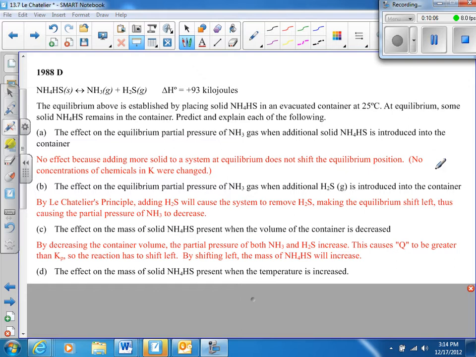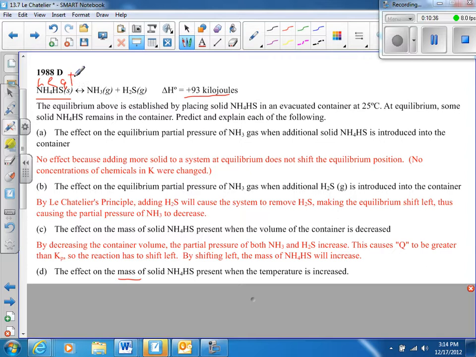All right, new question. Pause if you want to think about this on your own. Okay, we're going to increase the temperature. We want to think about what happens to the mass of solid NH4HS. Well, we made temperature go up. This reaction is endothermic, therefore heat is a reactant.